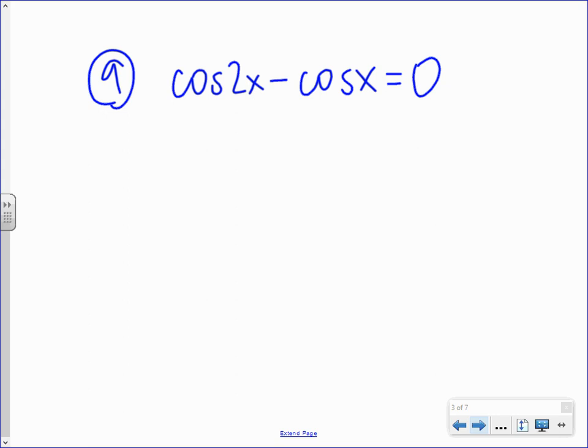We have one cosine that has 2x as an angle and one that has x for an angle, so we're going to have to change this one. Now, our cosine double angle formula has three different options. Talk to your pod about which one you think would be best. Ready, set, go.